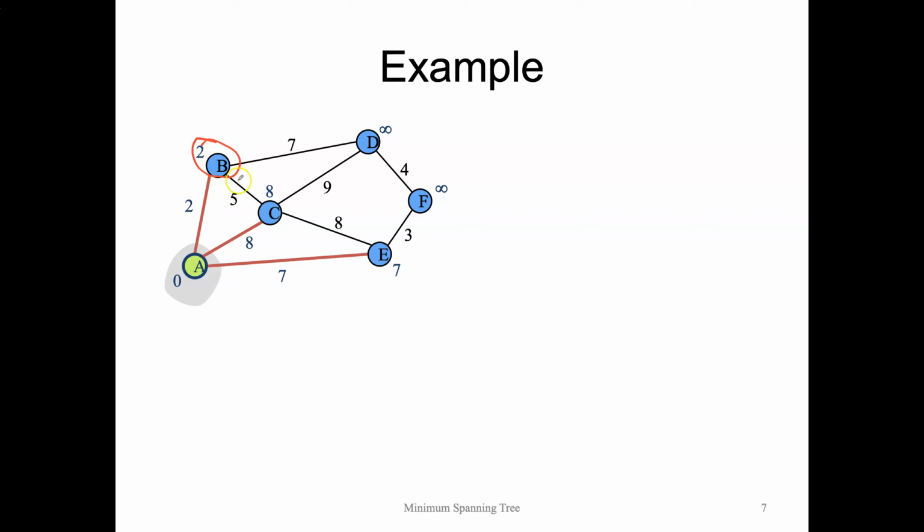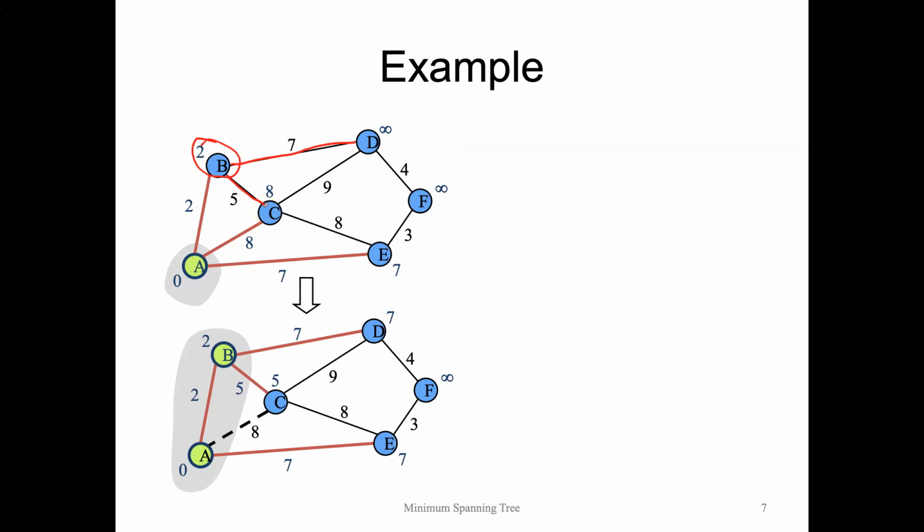When this is added to the cloud, we relax all edges, but this is really where it becomes apparent how this differs from Dijkstra's algorithm, why this is finding a minimum spanning tree and not a shortest path tree. When we update these distance labels, we are maintaining not an accumulation of edge weights, but rather just the weight of this edge which connects C to a vertex in the cloud.